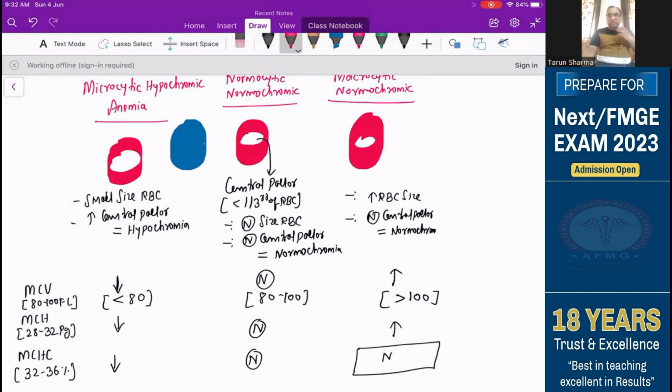How will you make out that it is a lymphocyte? A lymphocyte usually has only and only the nucleus. There is a cytoplasm, but the cytoplasm is very, very less in the small lymphocyte. So basically, you are going to see the blue color nucleus only.